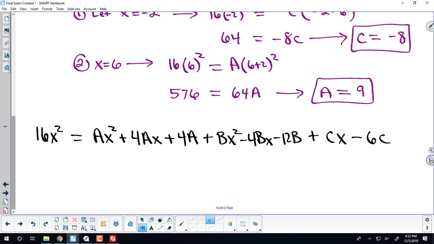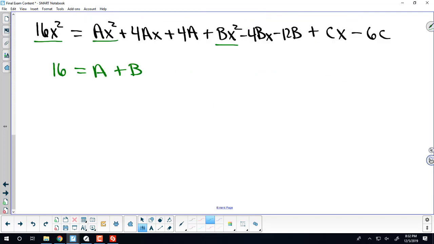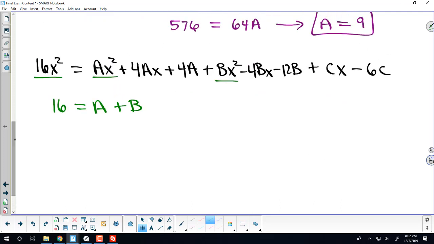All right, so then we've got our x squared coefficients. That'll do it for us. We'll be able to solve for b with just that one. So we've got 16 is equal to a plus b. Just from that, we know a is 9, which tells us b is 7.